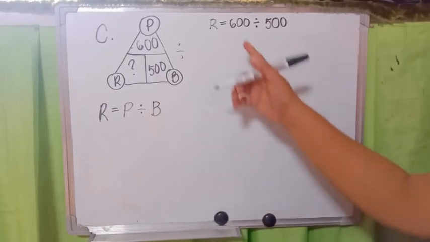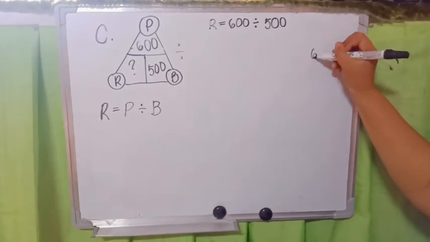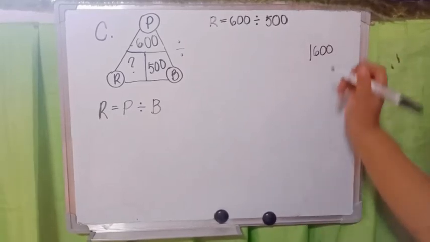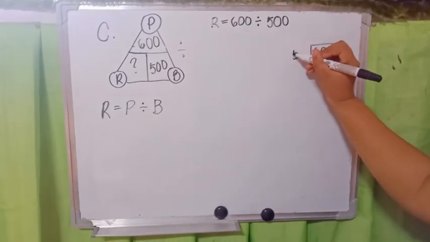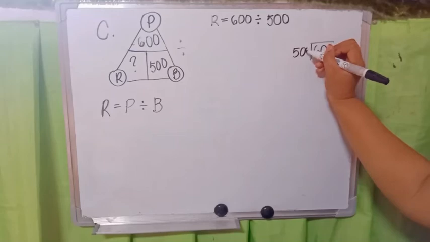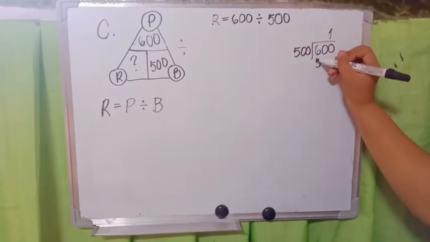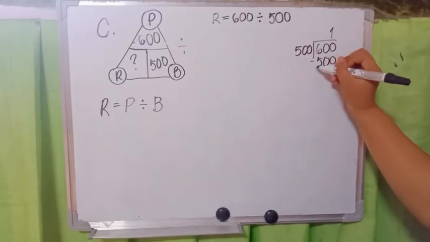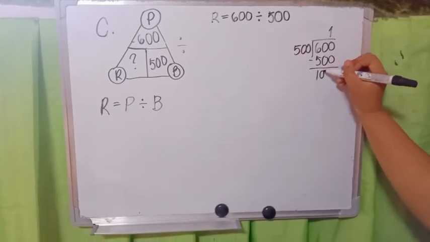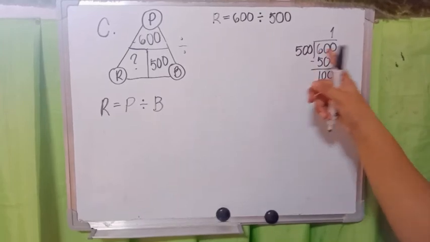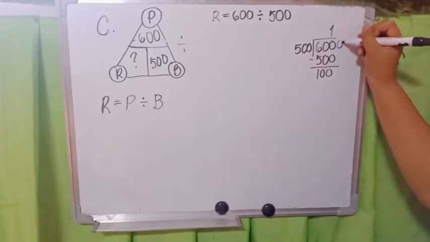So we need to divide the following. 600 divided by 500. So we got 1. 1 times 500, that is 500. We need to subtract. We got 100. So still 100 cannot be divided by 500, so we need to borrow 0.